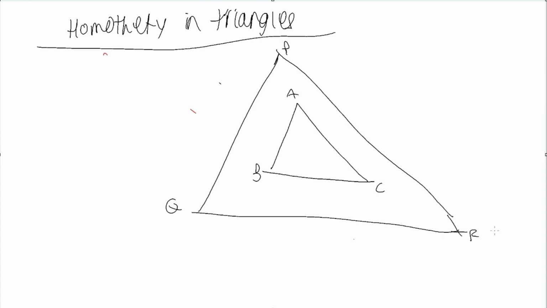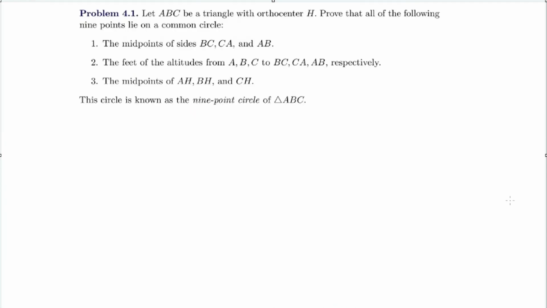All right, so I want you to keep this in mind as we go through the exercises and examples. So here's our example, and I want you guys to pay attention very, very closely to this example because it's one of the most important theorems in geometry. So here it is.